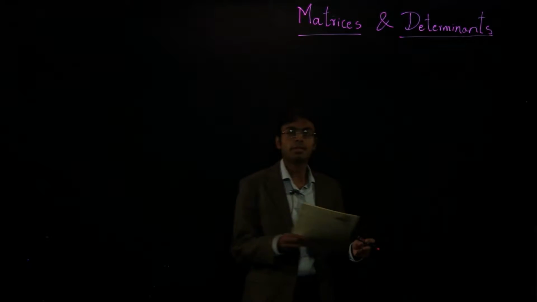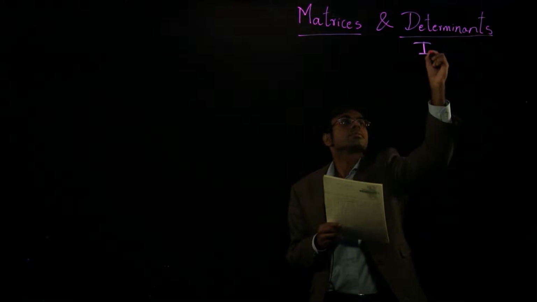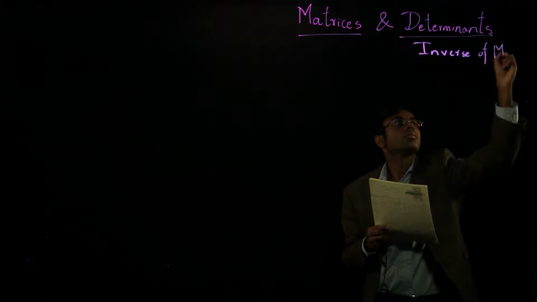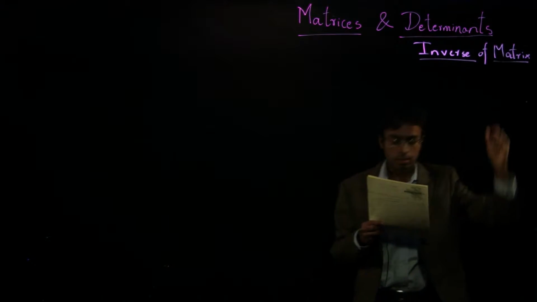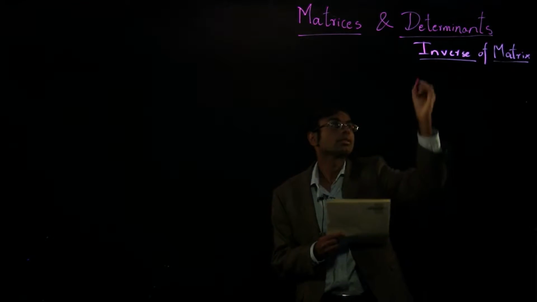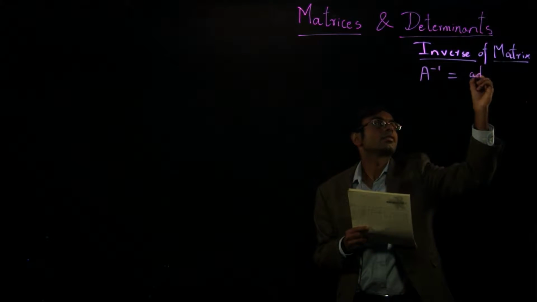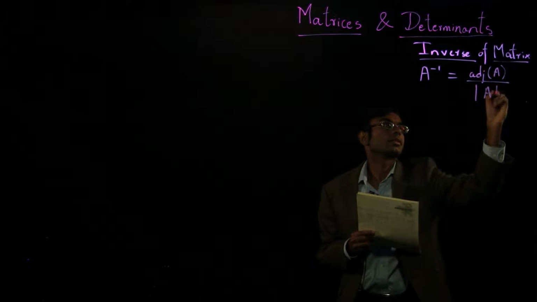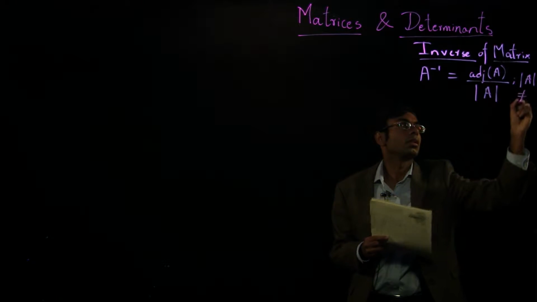Yeah, so now that we know how to calculate the adjoint of the matrix, let's look at the inverse. The simple way to calculate the inverse of the matrix is defined as the adjoint of the matrix divided by the determinant of the matrix, provided that the determinant is non-zero.